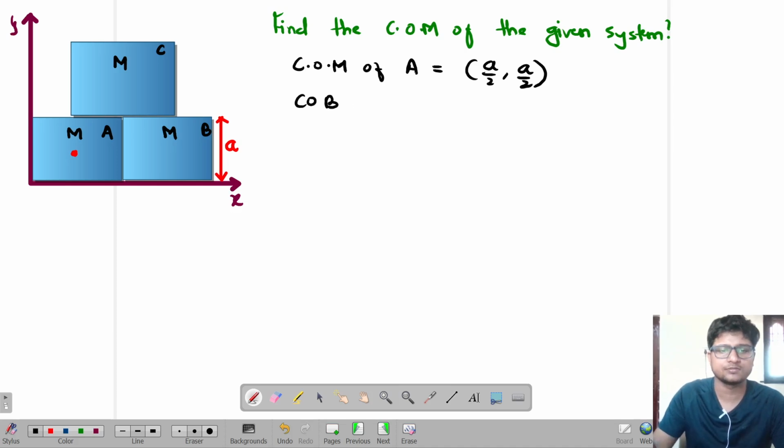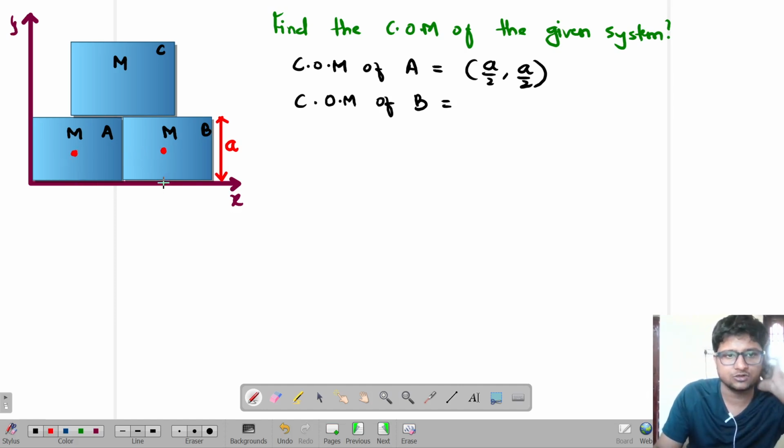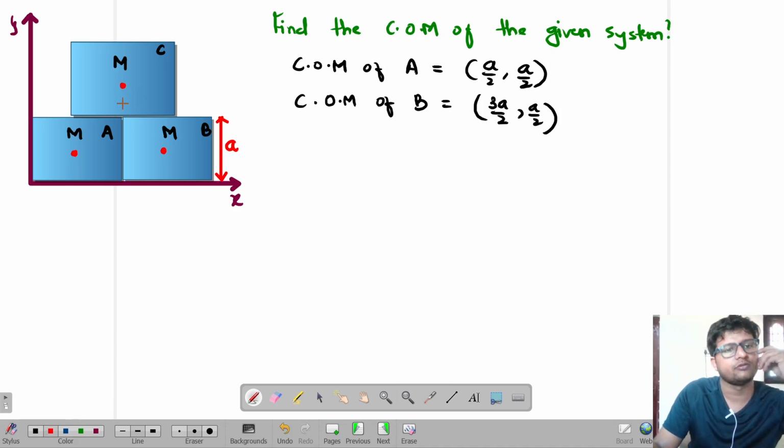COM of B will lie exactly at A by 2 plus A, so that is 3A by 2. Yes or no? So COM of B is 3A by 2, comma A by 2. And for C, it will lie exactly over here, so it will be A by 2, comma A plus A by 2.